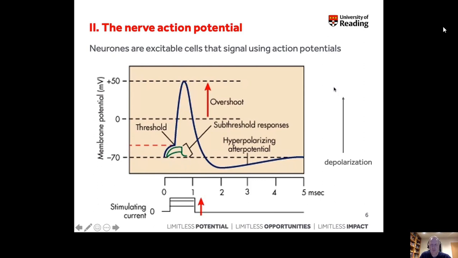Depolarization in that direction, up towards firing in positive values, and repolarization or hyperpolarization in this direction here. Hopefully what we'll see on the next few slides are some ion channels that are responsible for these changes in potential.